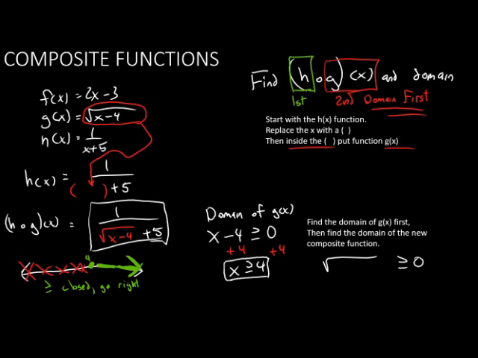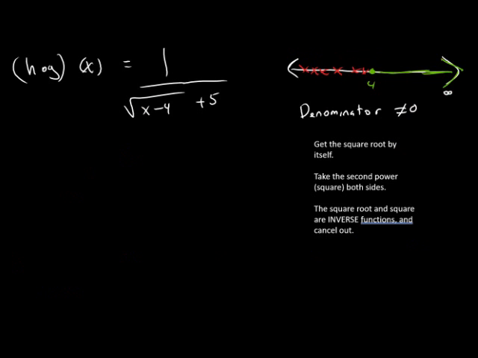However, now that we know the domain of g of x, we must find the domain of our new composite function, which we have not looked at yet. So we're going to take this number line onto the next slide and now examine the new composite function. Here I've copied our number line onto the right upper side of the picture to show that 4 to infinity was our solution set so far based on g of x.